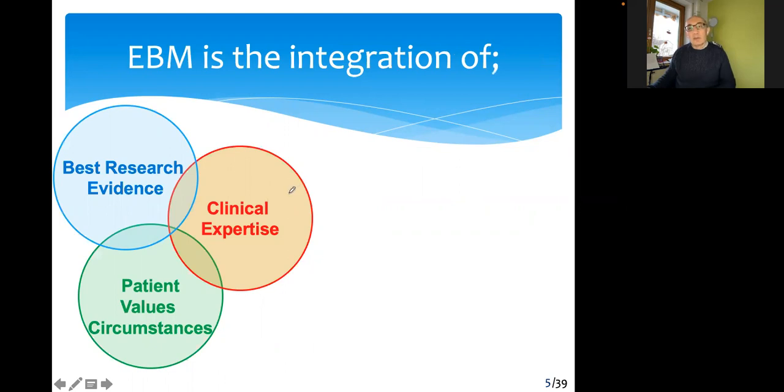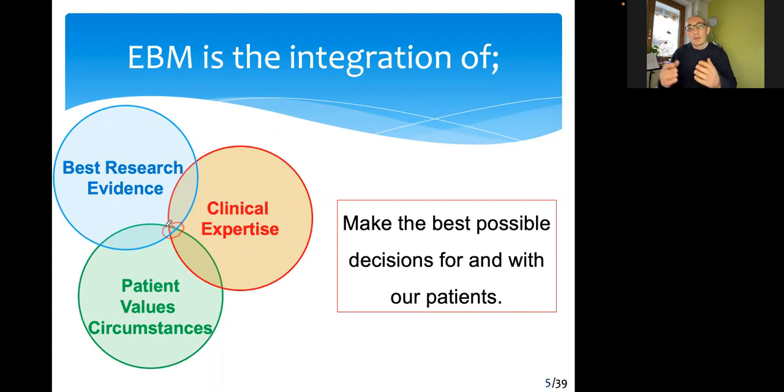Both these previous definitions include these 3 components: the best evidence, which is coming from the research, then our input as healthcare professionals, the clinical expertise, and patient values. So all these have to be merged together, integrated somehow to come up with the best possible decision for the patients and with the patients.